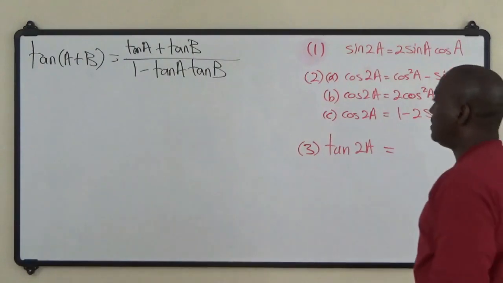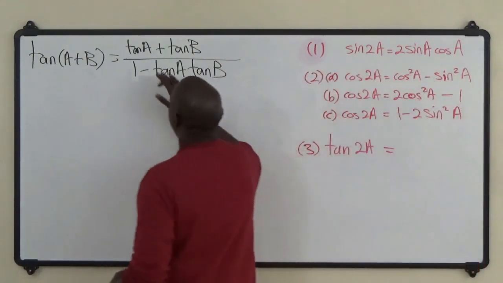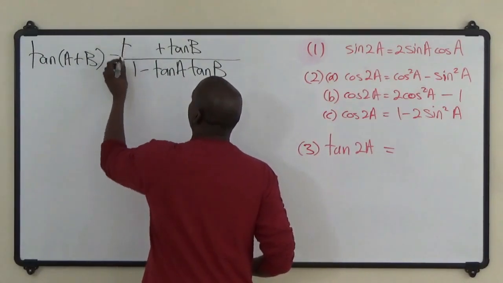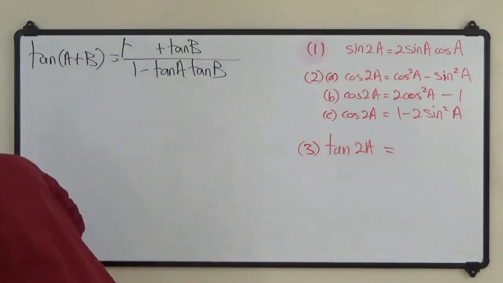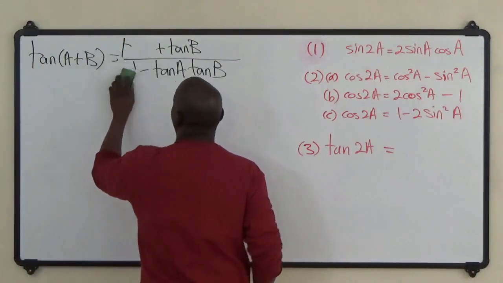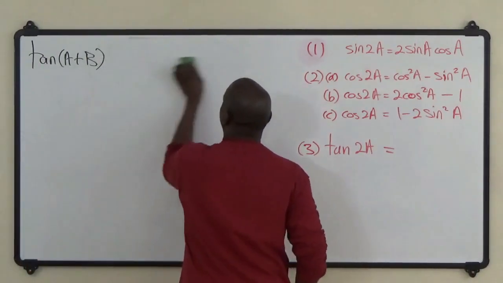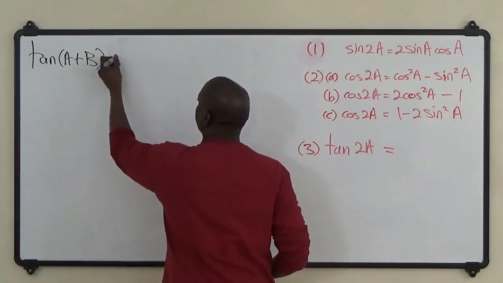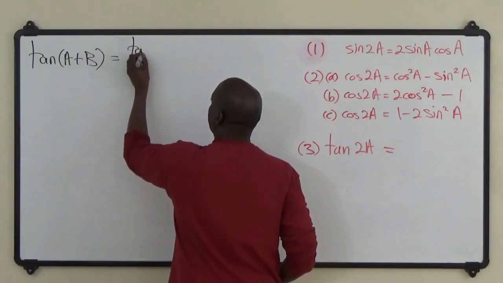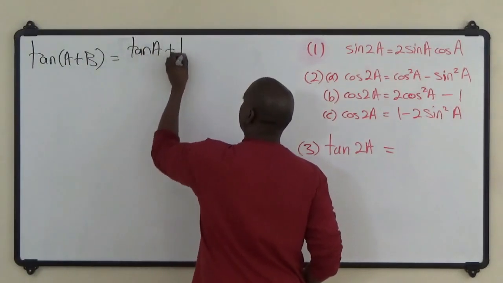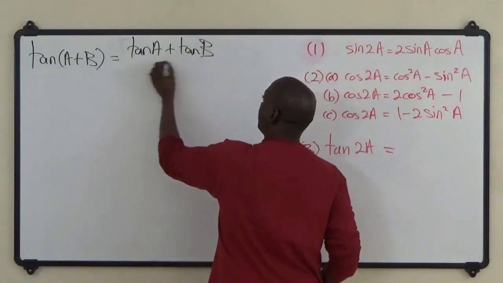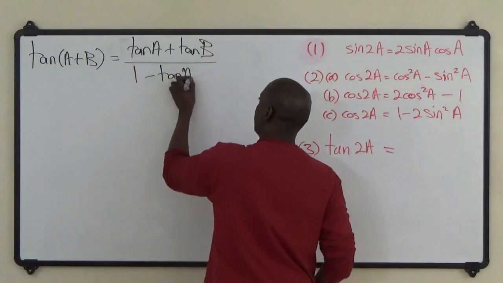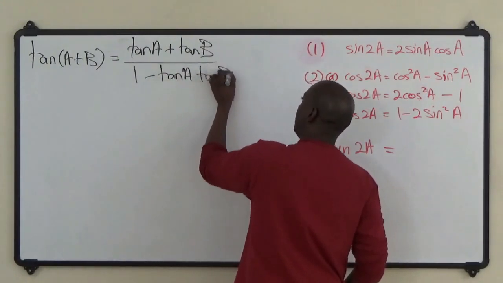So we want to derive the double angle formula for tan of 2a. Alright, I'm trying to make the thing properly now, so just bear with me for 2 minutes here. Tan of a plus b is equal to tan a plus tan b over 1 minus tan a tan b. Beautiful.